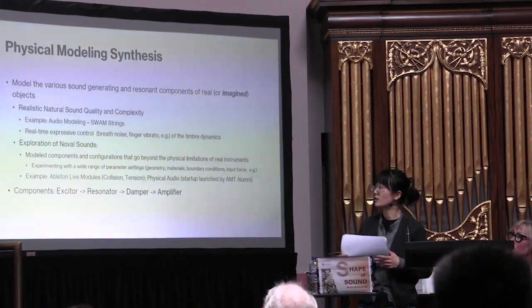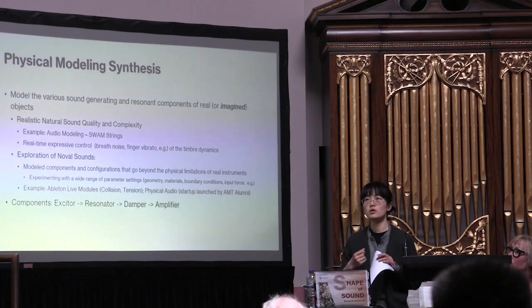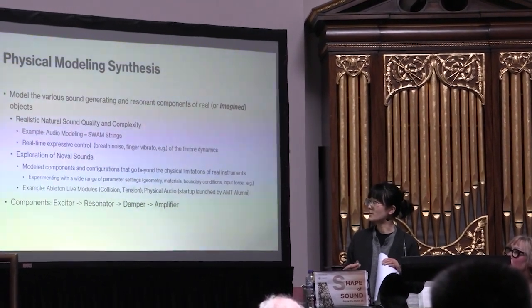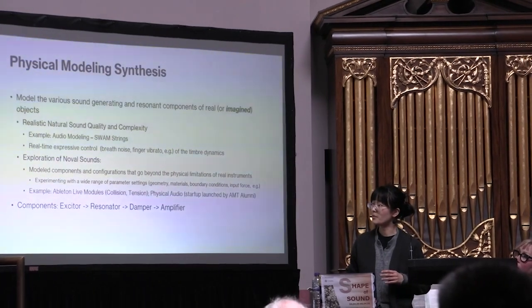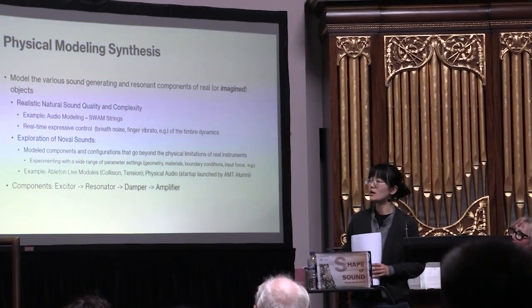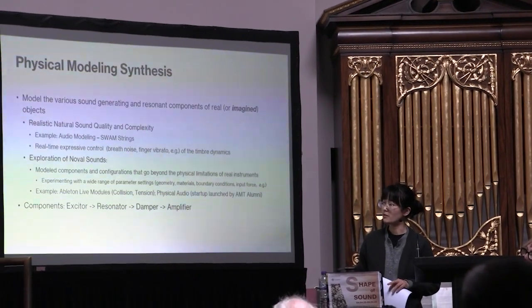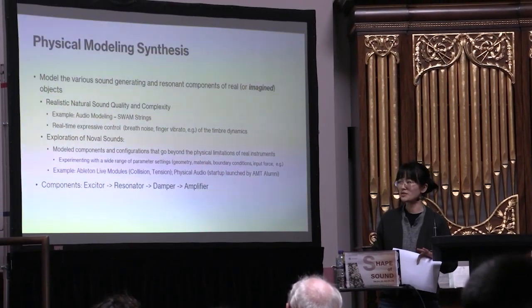And also the input force, like if you want to simulate bowed strings or plucked strings, something like that. Maybe the most common example you can find is in Ableton Live. It's a digital audio workstation where you can make your computer music.